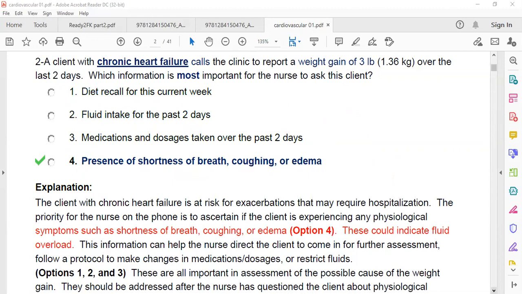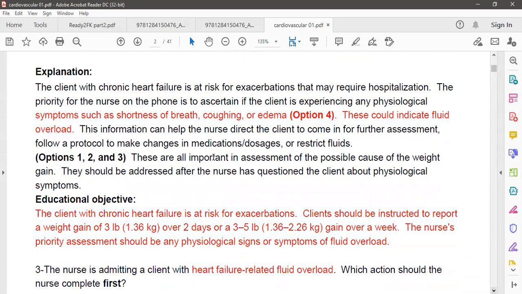So let me read their explanation. The client with chronic heart failure is at risk for exacerbation that may require hospitalization. So this patient, chronic heart failure is a chronic medical condition.